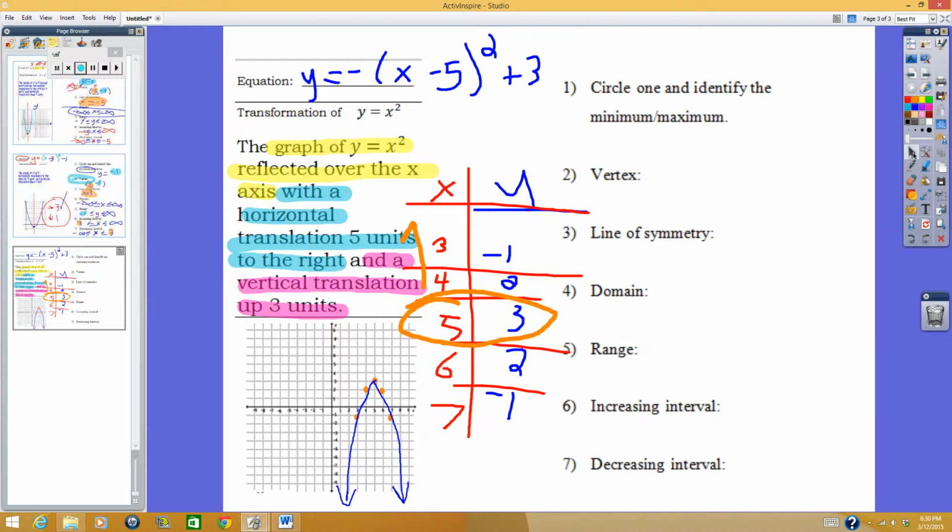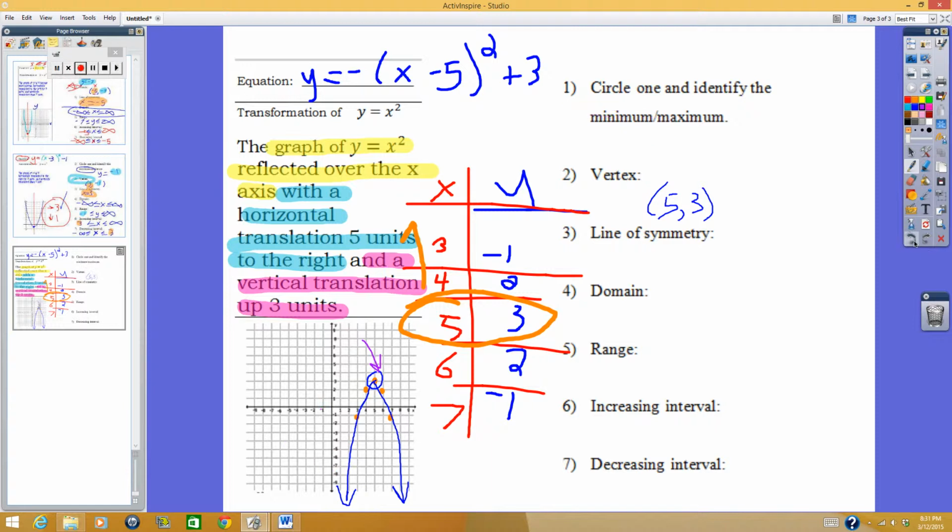Let's knock these out real quick. This is the vertex, right? Which is 5, comma 3. Cool. I know that this is the top of the graph. There's nothing higher than it. The minimum, it's all the way down here. There's no actual minimum number, right?